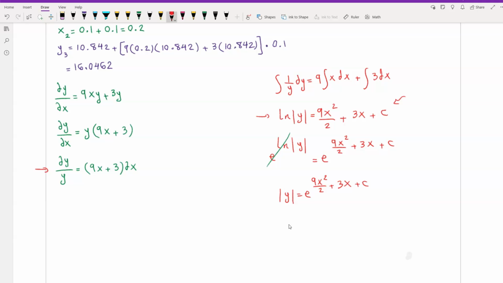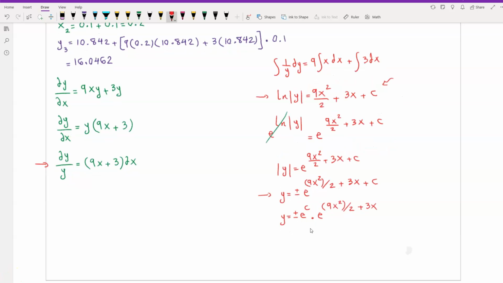Recall that absolute value of y equal to x, what that means for y we're gonna have negative and positive values, so y equal to negative positive x. So here in this case we will have y equal to negative positive e power 9x squared divided by 2 plus 3x.